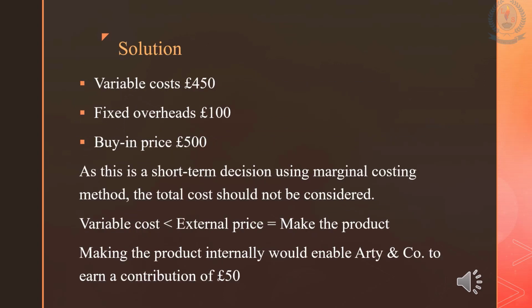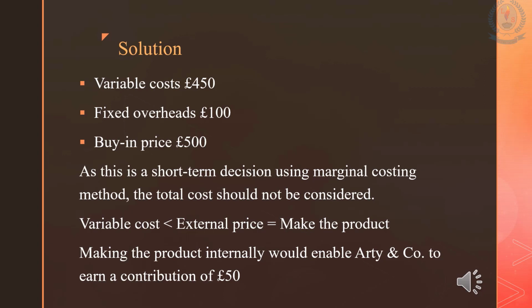The variable costs are £450 and the buy-in price is £500. If RTN company buys in the product, its cost would be £500 plus its fixed overheads of £100. Assume that the fixed cost will remain at £100 and that these costs will have to be absorbed either by this product or another.